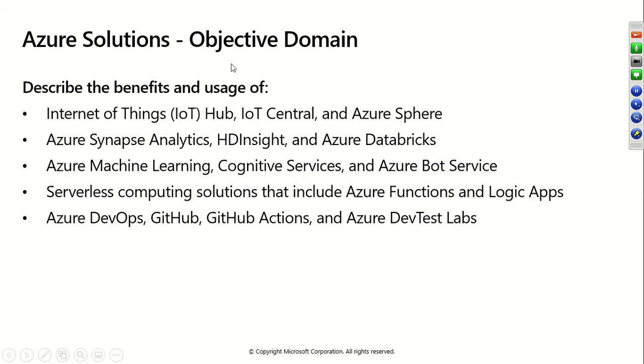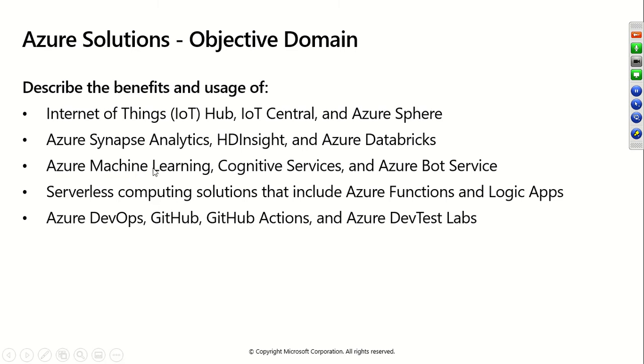Okay, what are some of the available solutions on Azure? Available solutions on Azure go beyond this. These solutions can help with Internet of Things and with big data, doing big data analysis, analyzing millions, billions of records.